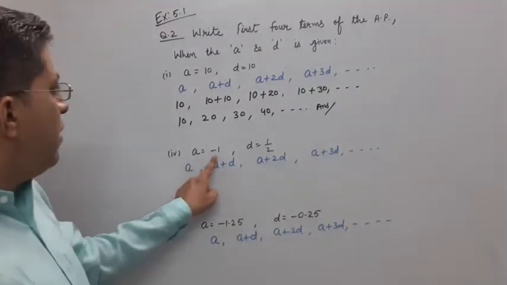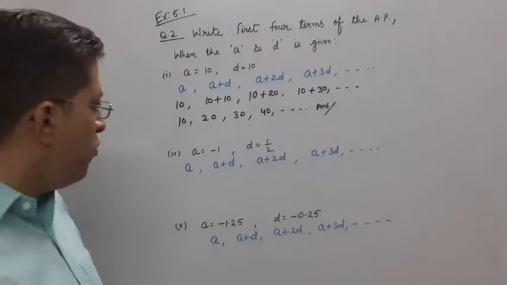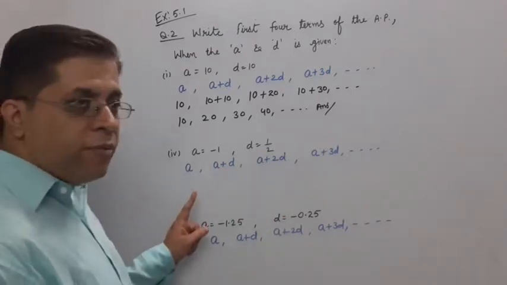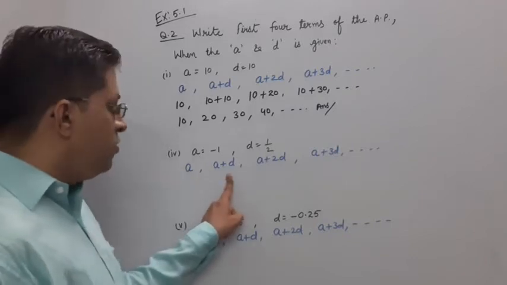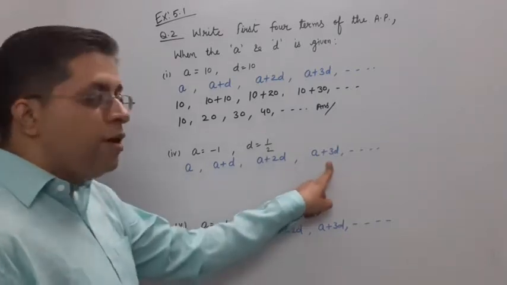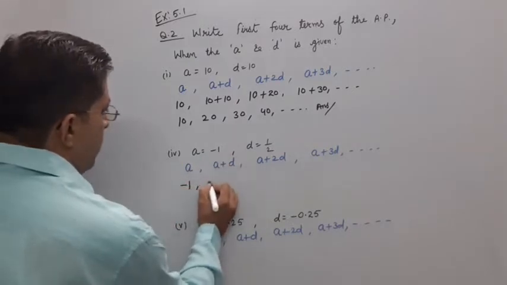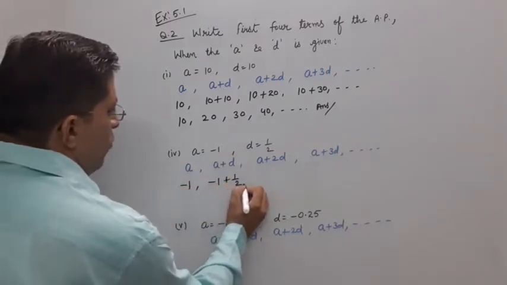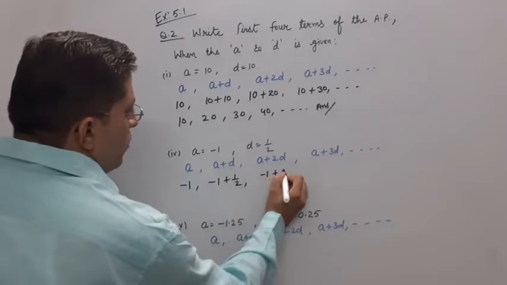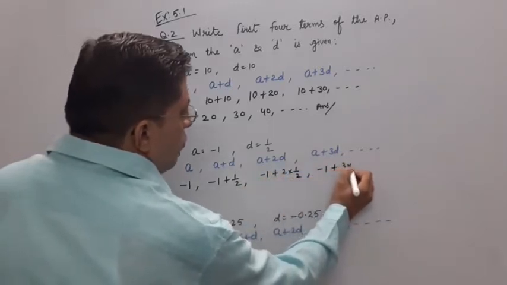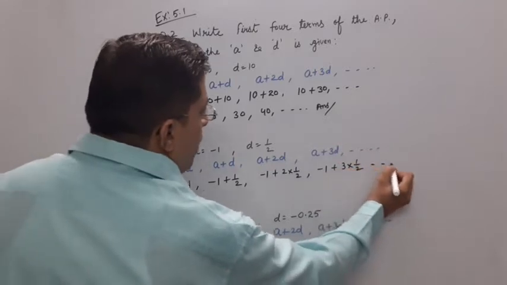Okay, one more. See, A is minus 1 and D is half. Okay, and what is the sequence? Arithmetic progression is what? A, A plus D, A plus 2D, A plus 3D and so on. A is here minus 1, minus 1 plus half, minus 1 plus 2 into half, minus 1 plus 3 into half, and so on.